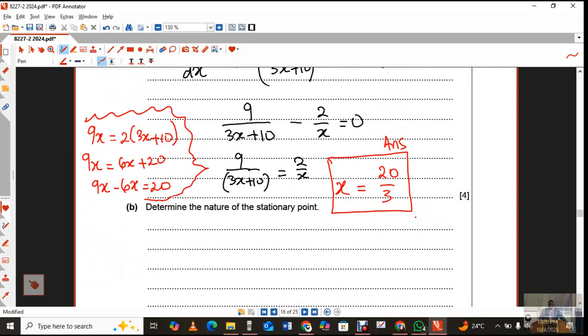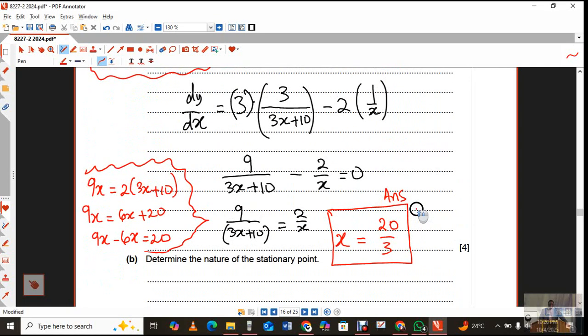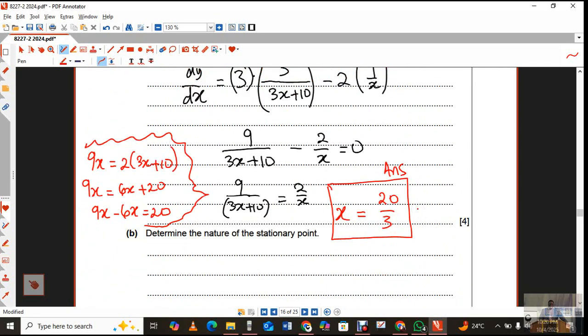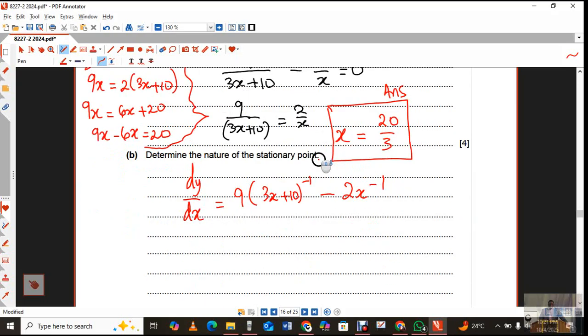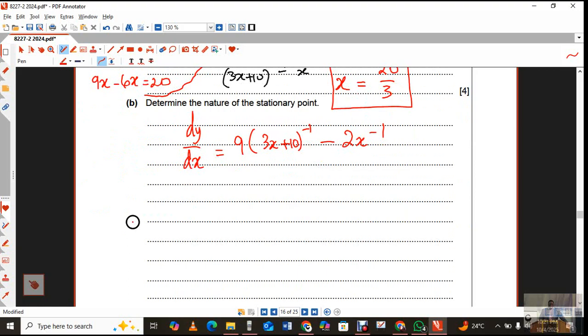What do they say? Determine the nature of the stationary point. That means we have to find the second derivative. What is the first derivative? Let's write it down like this. That's what this means. Minus 2, and that's what that one means. So if I have to do the second derivative, d squared y, this is just notation.